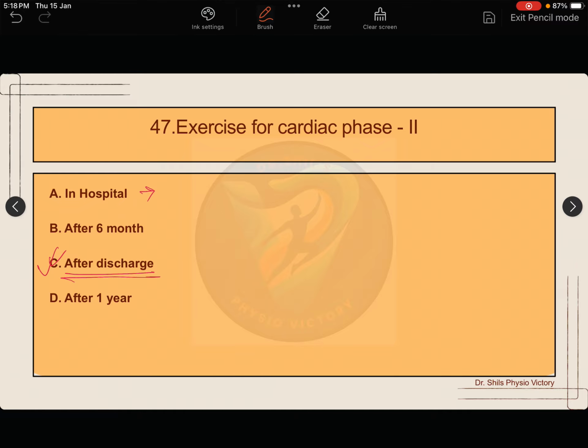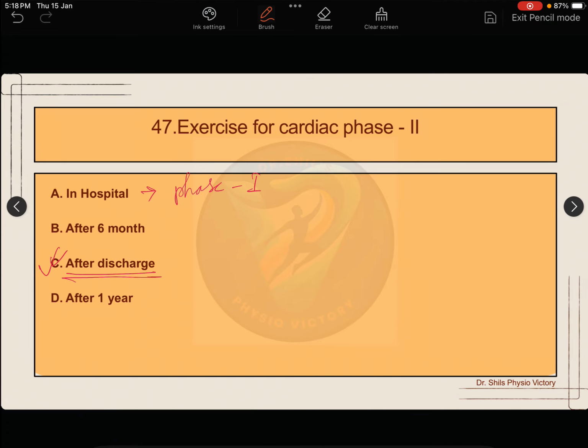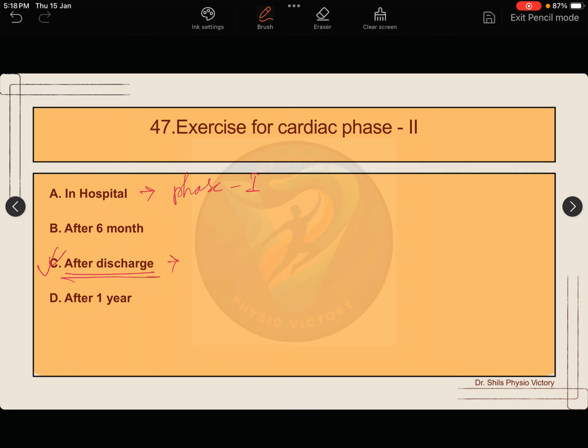In hospital is phase 1, and after discharge the phase is phase 2, from 4 to 12 weeks, especially supervised aerobic exercise.